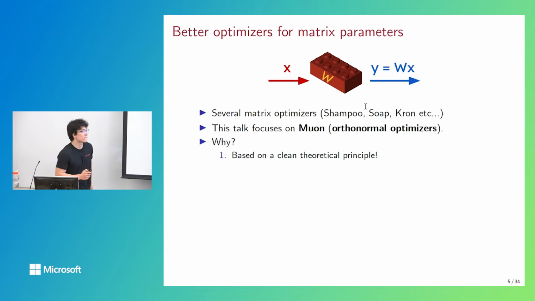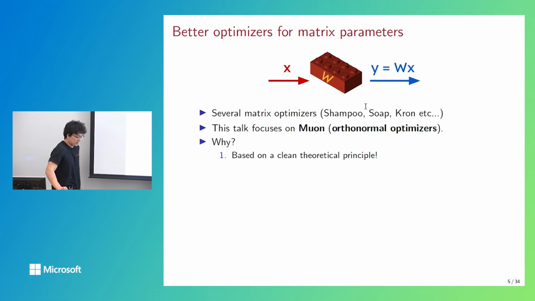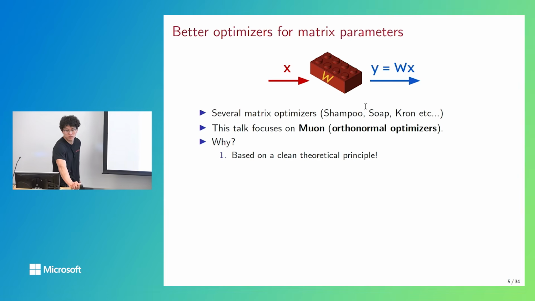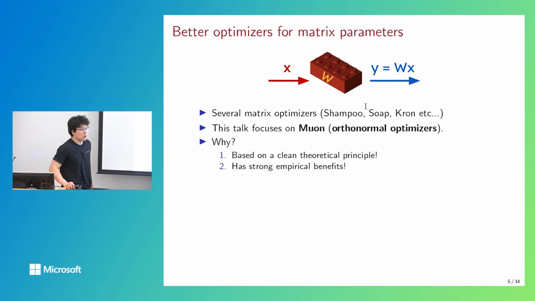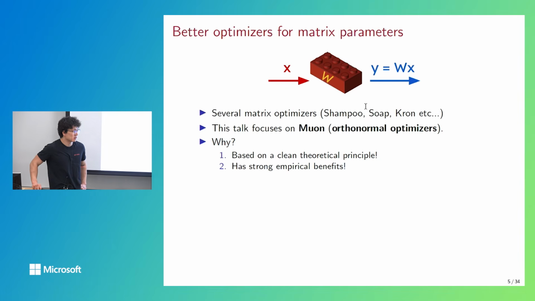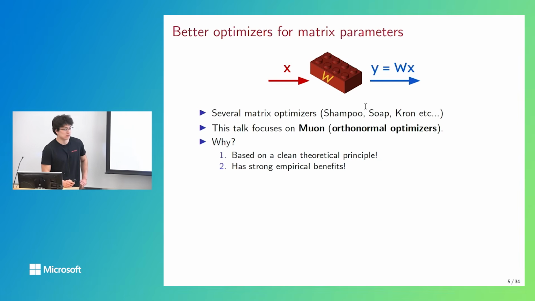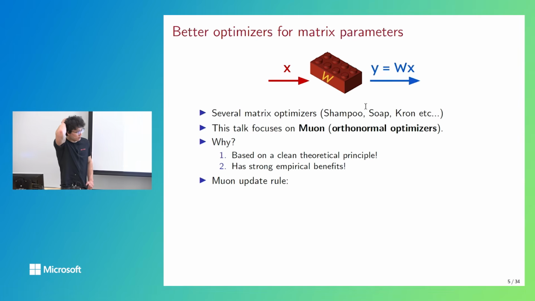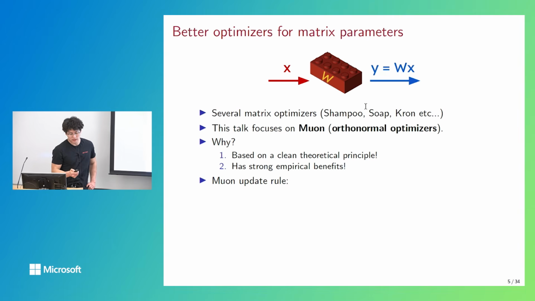So why? First, I like this approach of orthonormal optimizers because it's based on a very simple theoretical principle, and it has shown very strong empirical benefits. And I'm going to show you what I mean by this in the next couple of slides. So before that, let me show you what Muon update rule looks like.